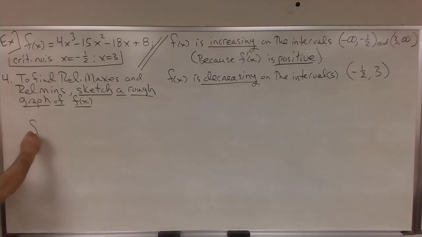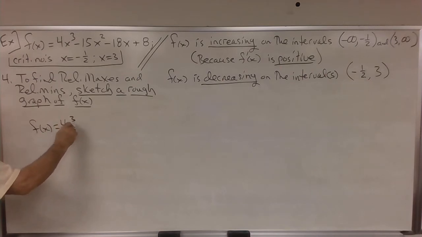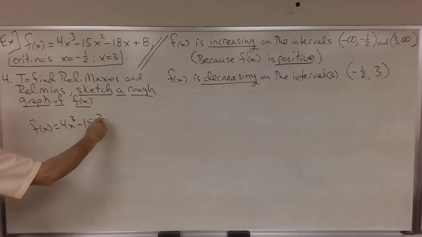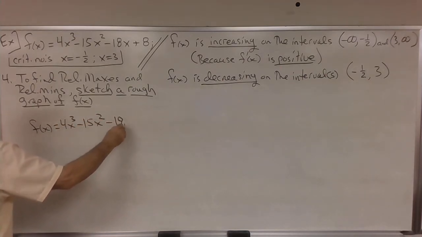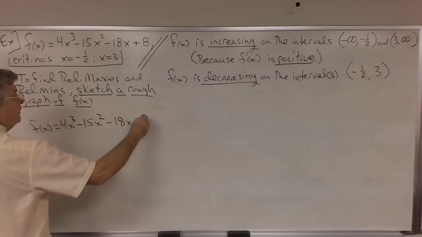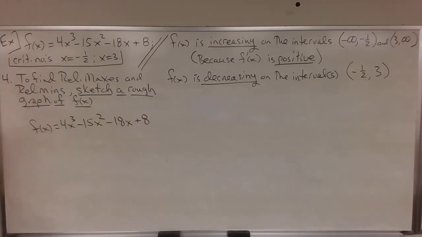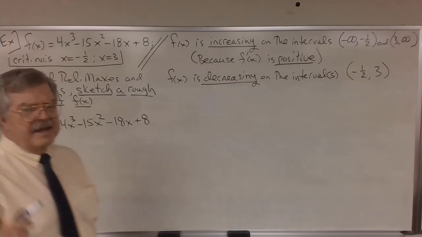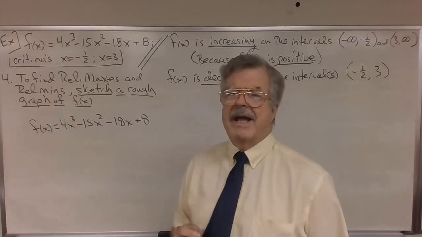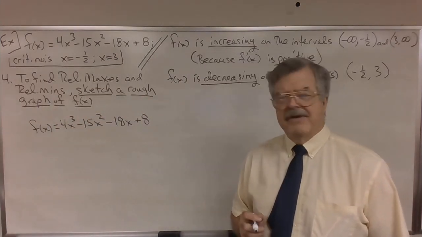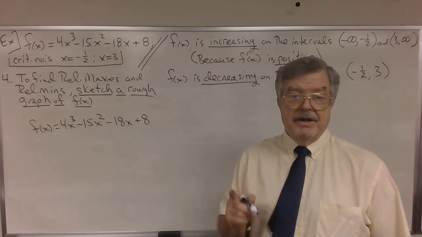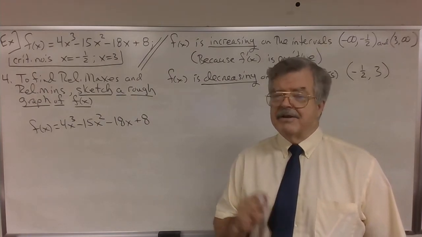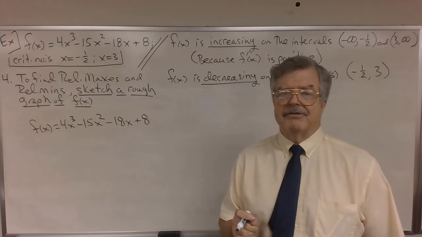So over here, I'm going to write f of x equals 4x cubed minus 15x squared minus 18x plus 8. And again, I'm not going to use the x and y axes as my frames of reference. I'm going to use my critical numbers because that's where all the interesting things happen.